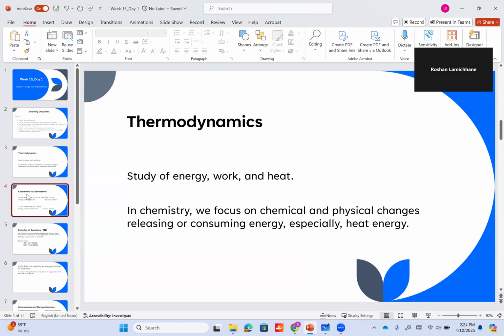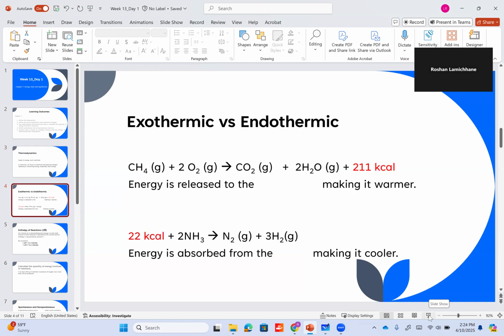For example, if you look at these two reactions, the first one is an example of a combustion reaction where methane is reacting with oxygen to give carbon dioxide and water. Whenever I carry out this reaction in the lab, what I see is energy being released to the surrounding, making it warmer.